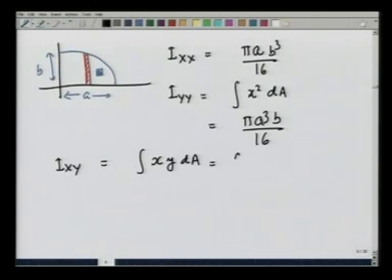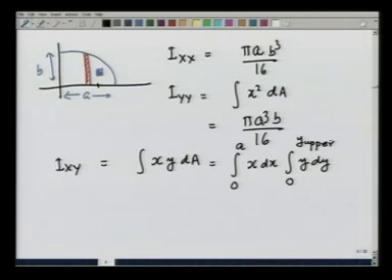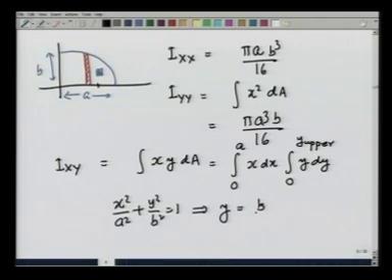This can therefore be written as x dx y dy. x varies from 0 to a, and for any given x, y varies from 0 to y upper, where y upper is given by the equation x²/a² + y²/b² = 1, and that gives for any given x that y is going to be (b/a) times the square root of a² minus x².